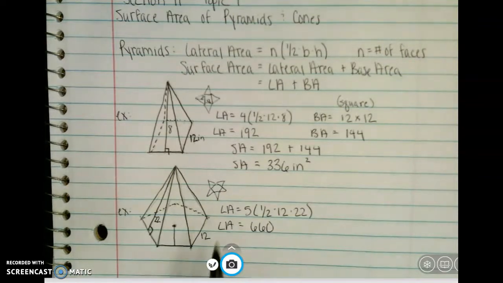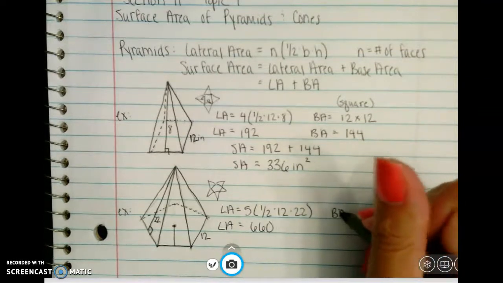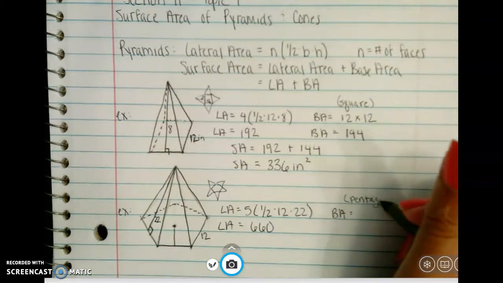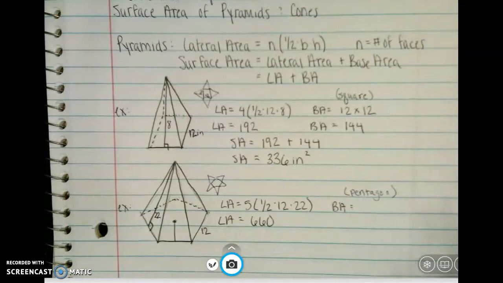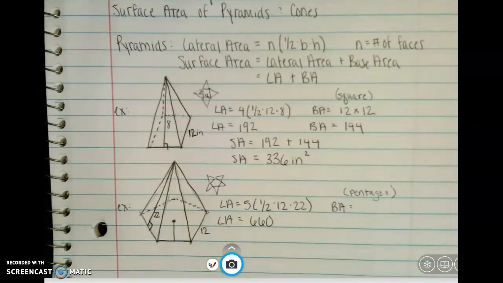The base area for a pentagon, it'd be really helpful to use the 11.2 notes for calculating the area of shapes that have more sides than 4, because what you have to do with each base is divide it into little triangles and then multiply by the number of triangles that make up that shape.